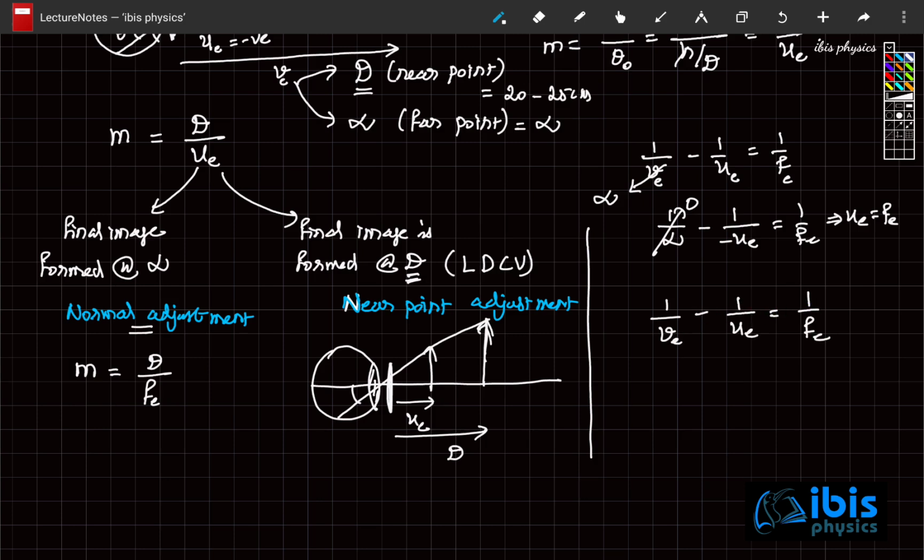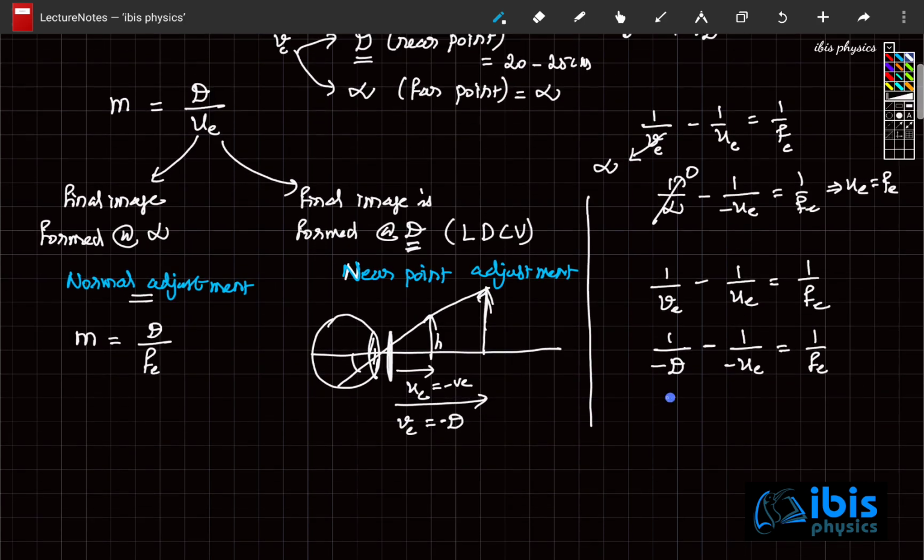For the eye to see the object of height h, an image must be formed here. UE is in front of the lens, and the image formed by the eyepiece is also in front of the lens, so VE is equal to D, but since both are in front, this is negative and this is also negative. So 1 by VE equals minus D, minus 1 by minus UE equals 1 by FE.